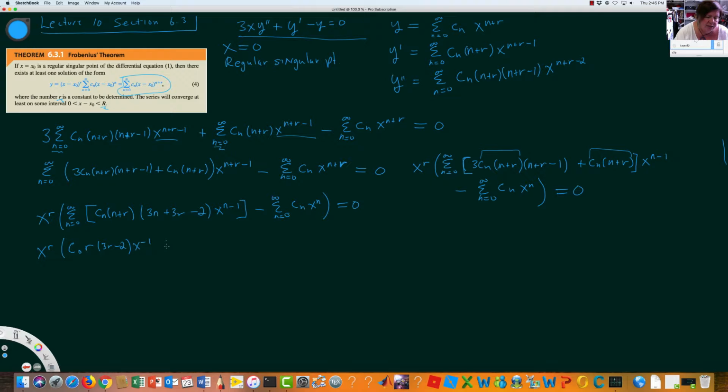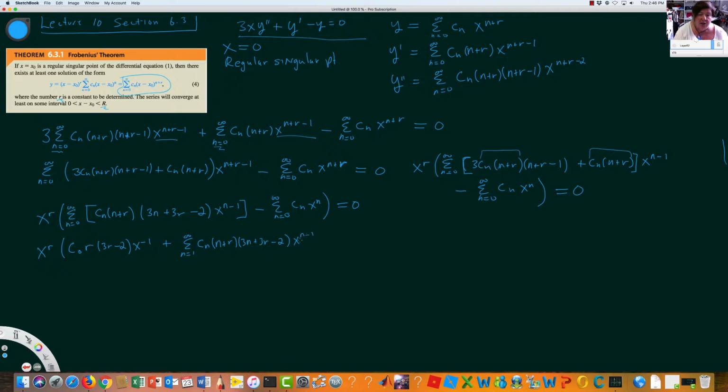And then what I'm left with is plus the sum n equals 1 to infinity of my term here, Cn, and actually I don't need those parentheses. Let me not have too many parentheses. So then I have Cn, n plus r, and 3n plus 3r minus 2, x to the n minus 1, but now starting at 1.